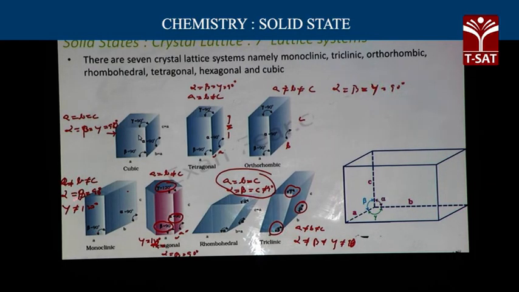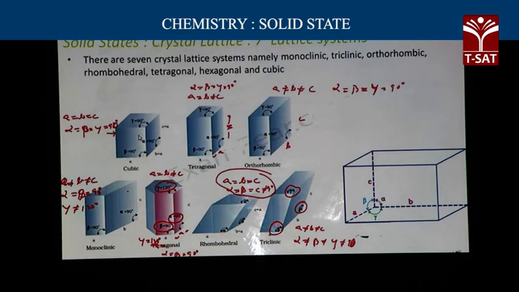That means alpha is equal to beta, and the angle of alpha equal to beta is 90 degrees, and the 3 lengths a, b, c are different.